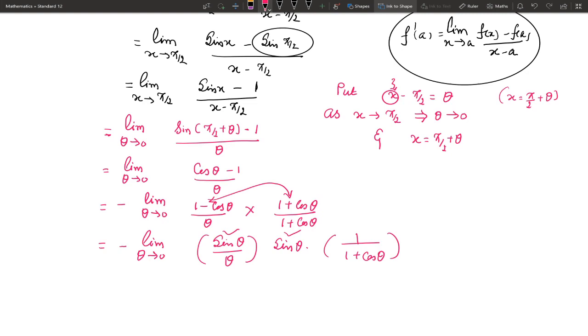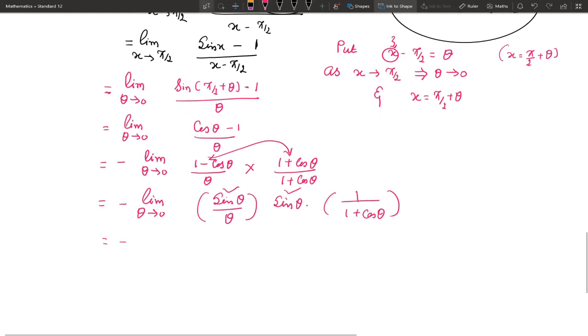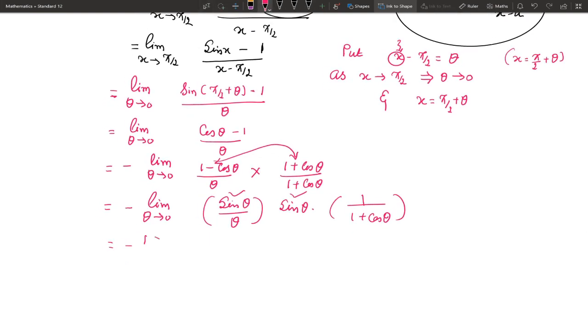Sin theta by theta, theta tends to 0, is 1, so this limit is minus 1 into sin 0, 0, upon 1 plus cos 0, 1, so this is minus 1 into 0, so answer is 0.